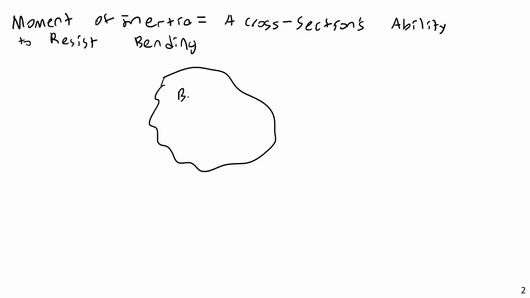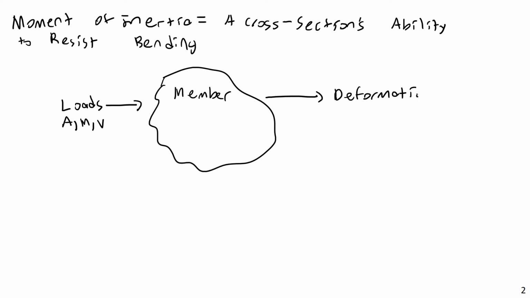If you have a body or an object, or maybe even a member, this is how structural members and mechanical members behave: you apply some sort of loads to the member, and that could be things like axial force, moment, or shear, and in turn you will get deformation.